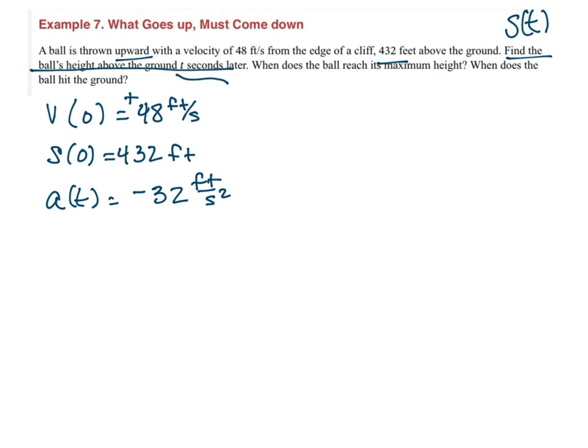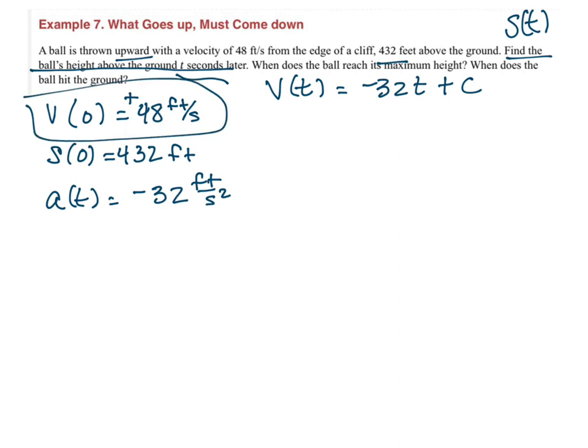In order to do that, we're going to start with our acceleration, which is this constant negative 32. So we go from there straight into a velocity function, which is the antiderivative of acceleration. So what's my velocity function? Negative 32t plus c. We can find that c by using our initial velocity component here that says v of 0 equals negative 32 times 0 plus c.